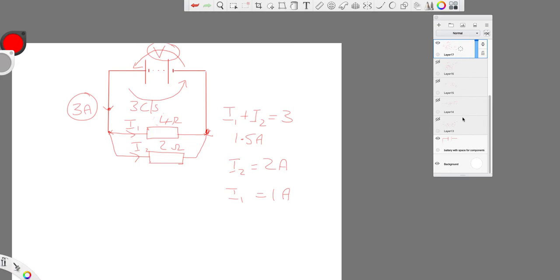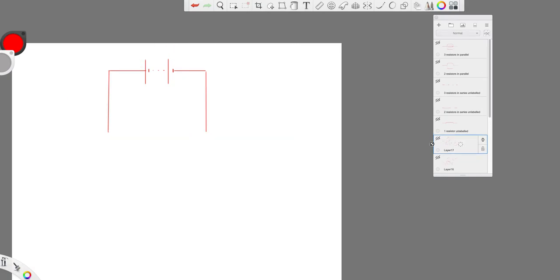So, we have talked about what we mean by current. We have talked about what we mean by potential difference. We have talked about what we mean by resistance. Now let's look at some figures. Let's say we have 12 volts and let's say we have 4 ohms.